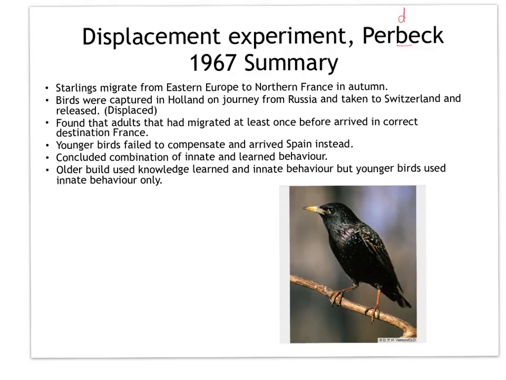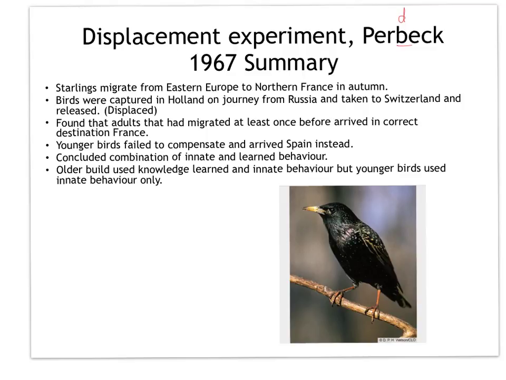So Perdick concluded that this migratory behaviour was innate. That is, it's inherited in the DNA. Since the naive juveniles could fly in the direction, and the thought there was that the birds were also genetically programmed to fly a set distance. So it wasn't just the direction they were flying, but it was how far they were flying.